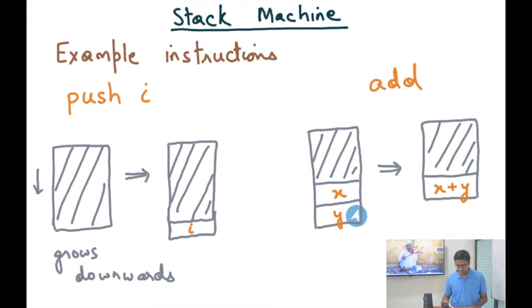So if there were two operands at the top of the stack, let's say x and y, then it's going to pop off the top two operands. So it's going to remove x and y from the stack, and then instead push x plus y. So it's going to compute the addition and then push the result on the stack, right? So this is the operation of this machine.